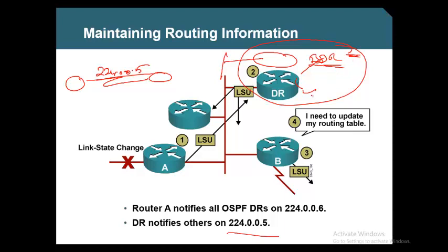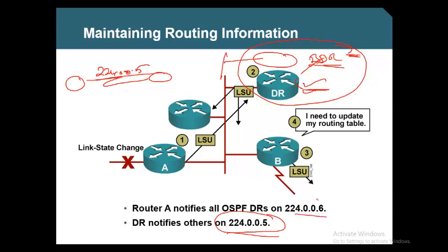But the DR not only collects the information when an update comes, it will also forward that information using this multicast address to another group called other routers. They are another group. So, in order to identify the DR, you have this.